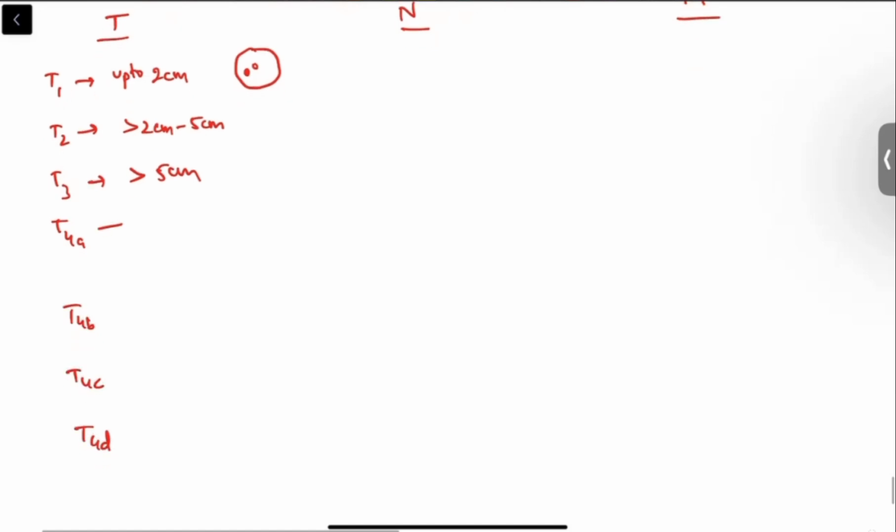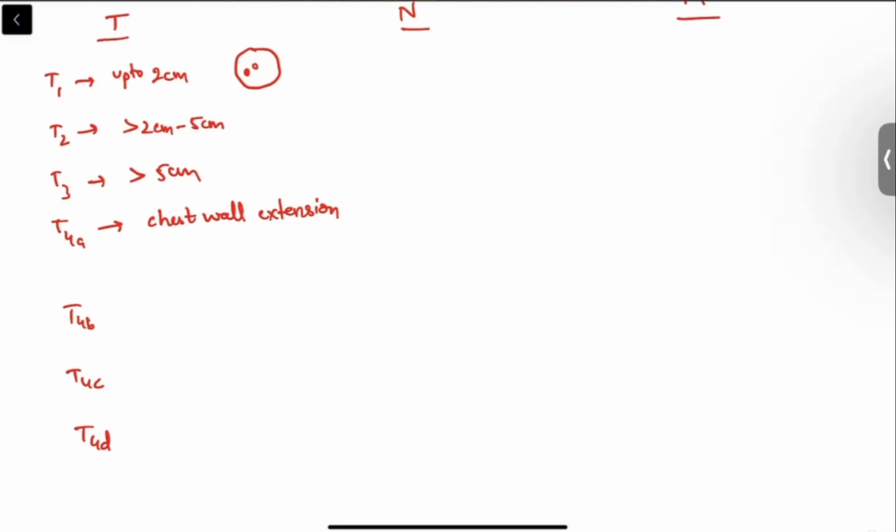Now T4A, this tumor now starts coming out of the breast. It can go deeper and involve the chest wall. The breast cancer has started invading and has extended to the chest wall.